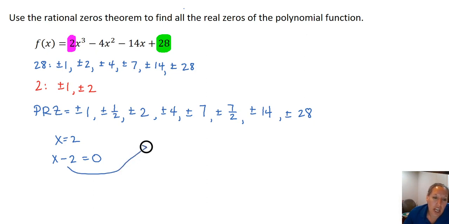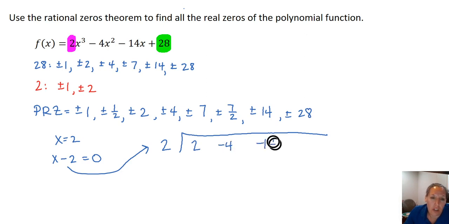Remember, we always change the sign. So instead of x minus 2, we're going to get a 2 there. And then we're not missing any terms here. We've got an x cubed, x squared, x to the first, and a constant. So our coefficients are going to be 2, negative 4, negative 14, and 28.